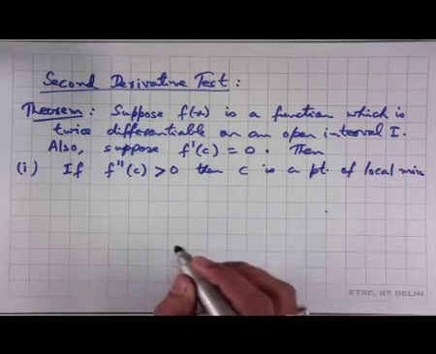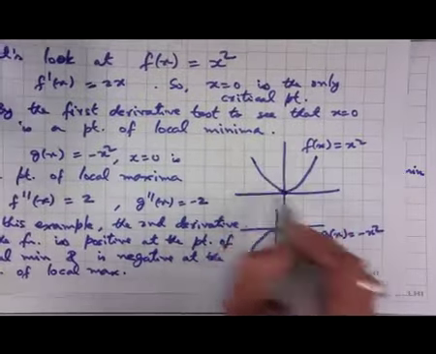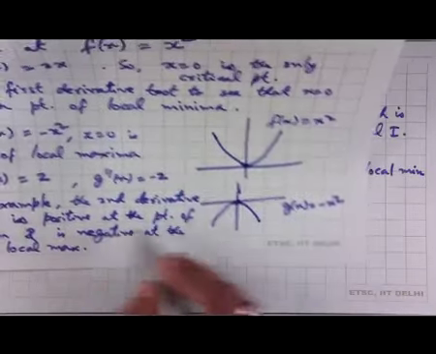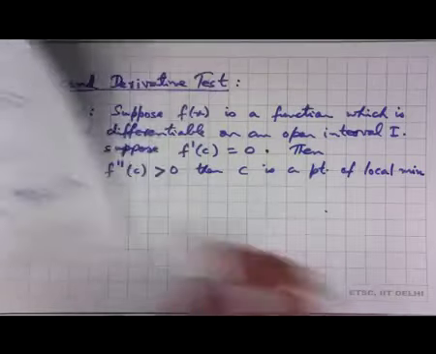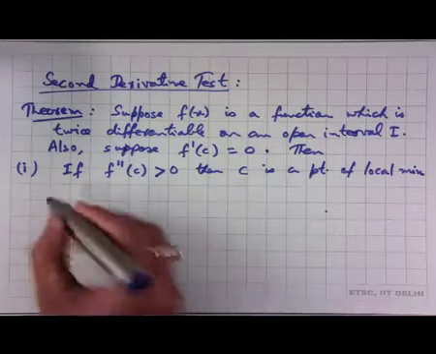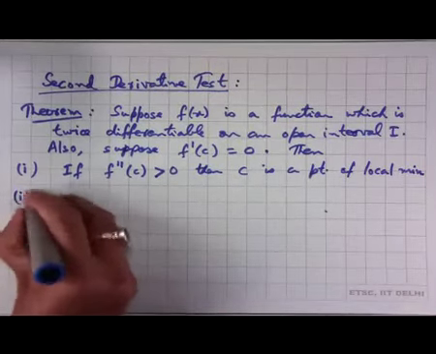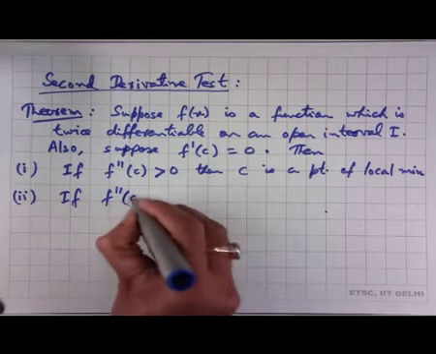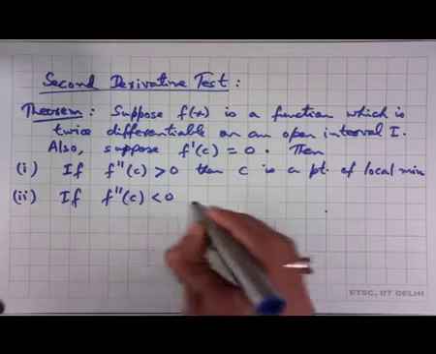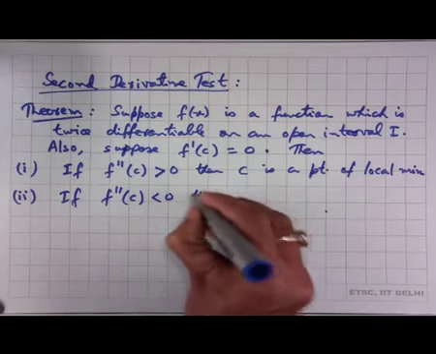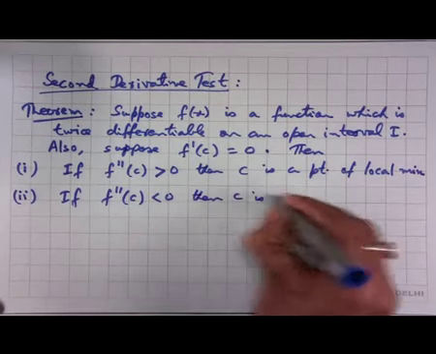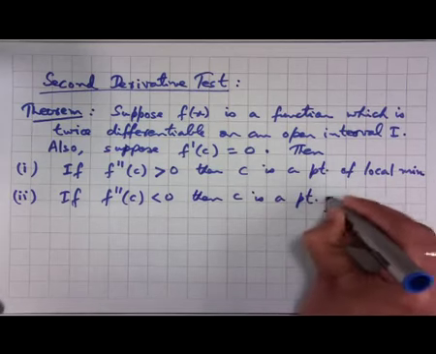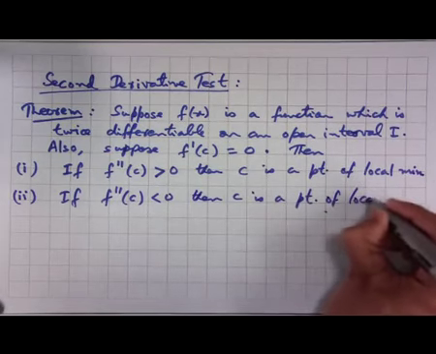This we have seen in the example f x equal to x square, the second derivative is positive at 0 and this is a point of local minima. Second, if the second derivative is negative at c, then c is a point of local maxima.